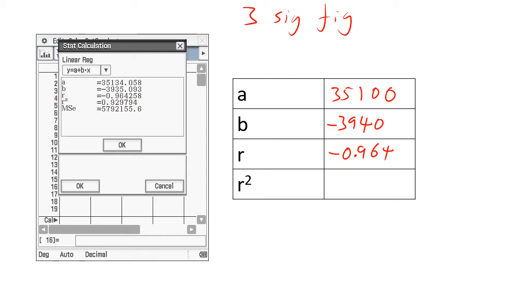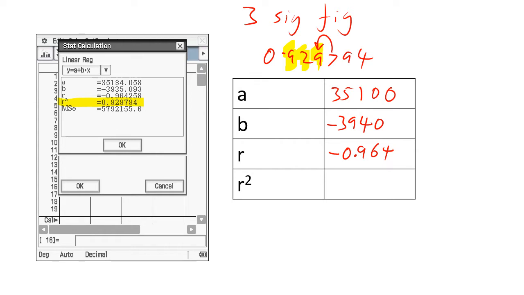Now, the last one we need to look at is the R squared. We can do the same thing as we've been doing before. We've got 0.929794. And we look at three significant figures. So we go 1, 2, 3. But then that next digit we're going to look at: the 7 affects the 9 and makes that 10.